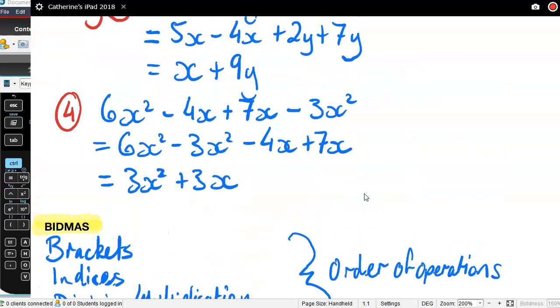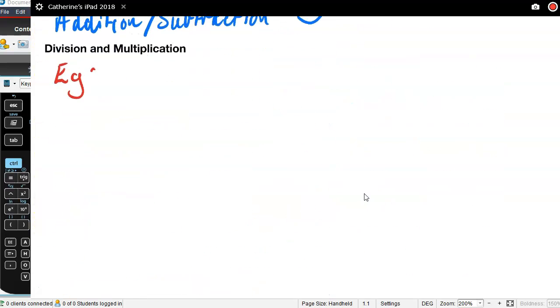E.g., what am I up to? Example 5. Okay, so we've got 5x multiplied by 2y. Okay, now I'll put this line in.